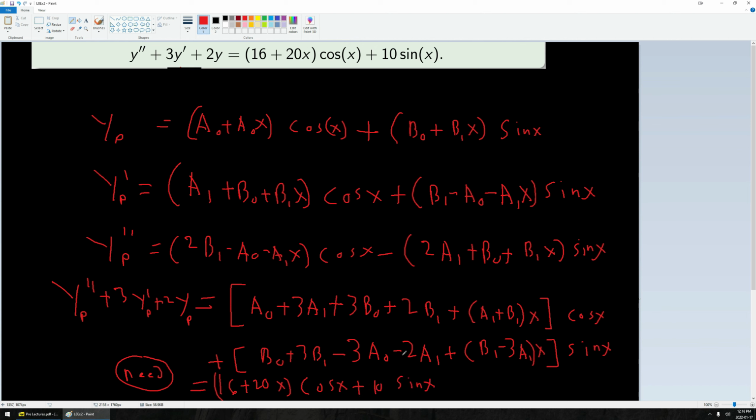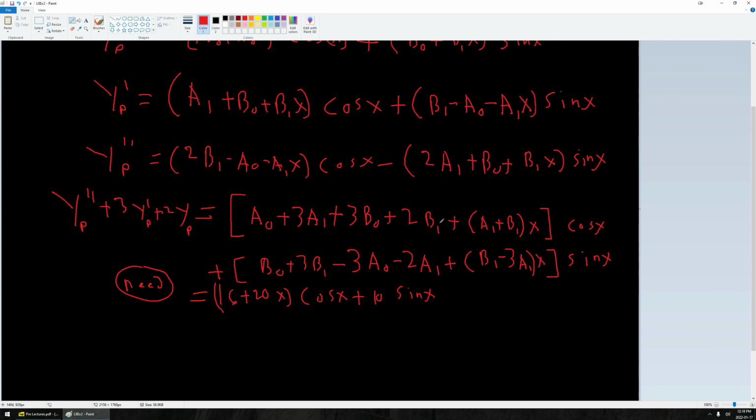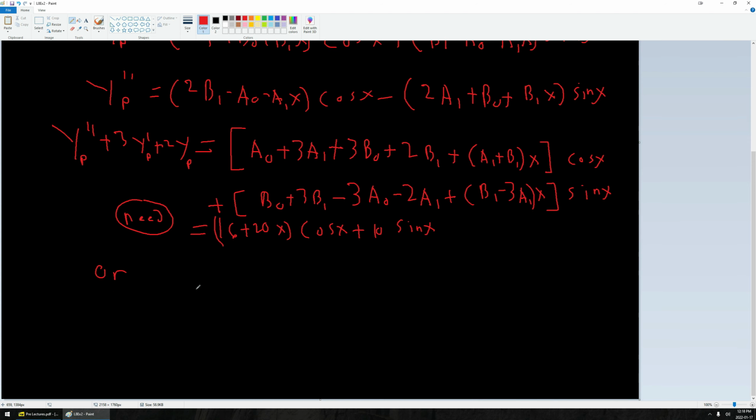So I need this thing to be true, and here I can simply set coefficients together. This thing here and the thing that I need it to be equal to have the same functional form since I picked a valid ansatz. Therefore, I can just set the coefficients of everything equal to each other. So from here, I could rewrite this as a system of equations, something that we would see from linear algebra.